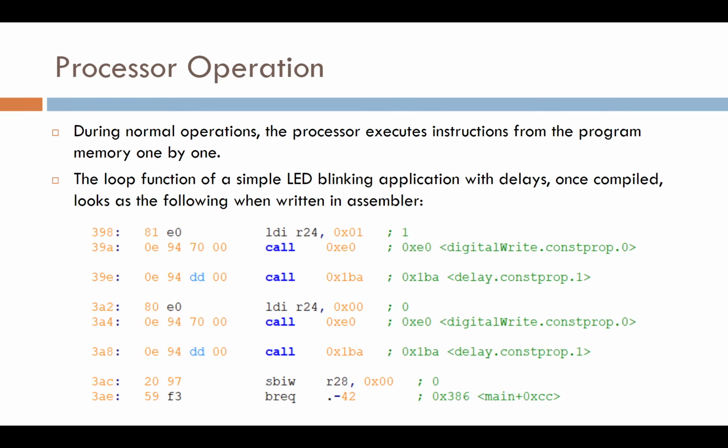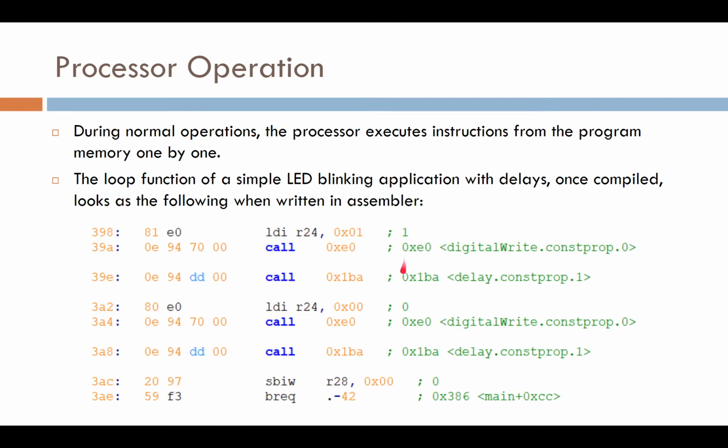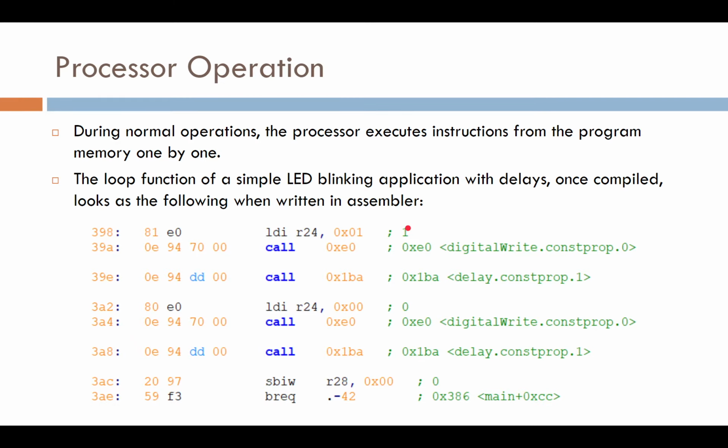So practically the previous loop is compiled as this kind of mumbo jumbo. You can see the comment lines here. The disassembler shows that digital write is starting here, and it's just a call to a subroutine.